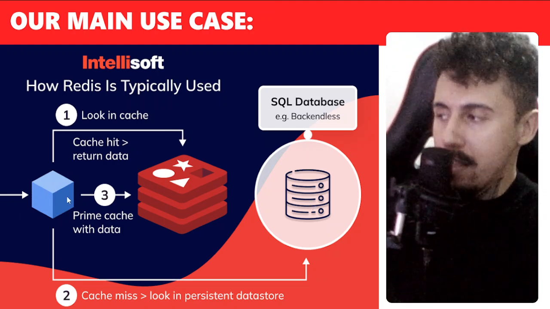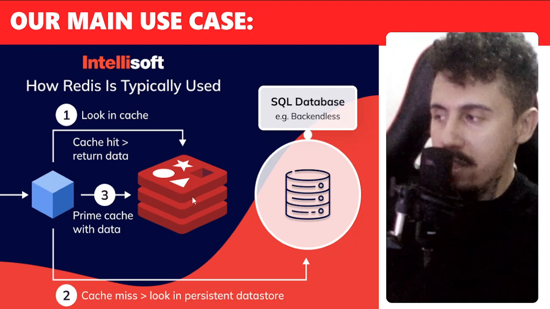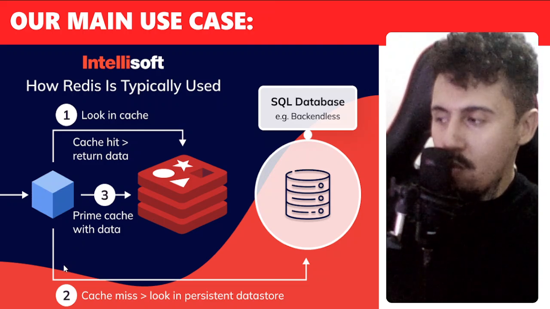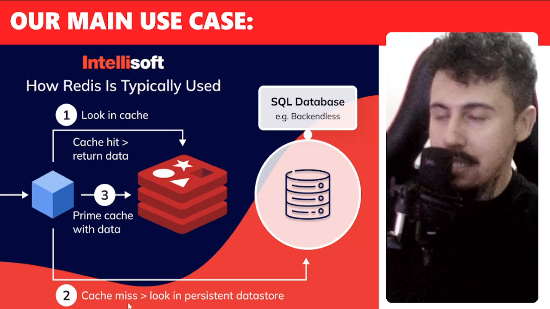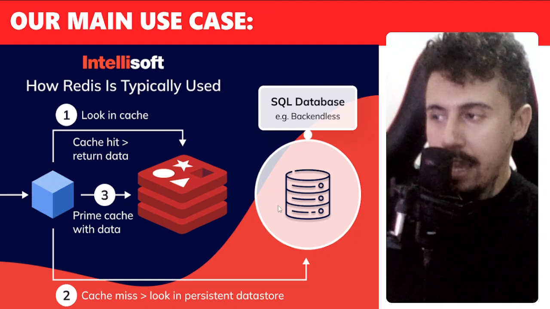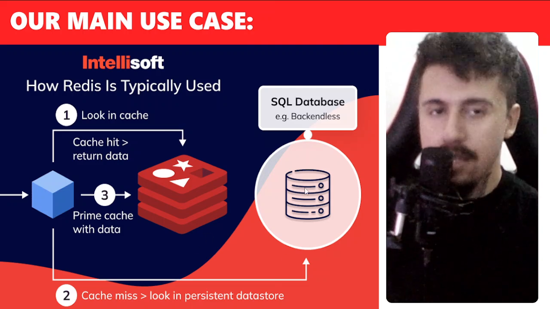You have a third flow here, which is prime cache with data. In this case, when you have a cache miss and you look up the data, instead of just returning it, you populate the cache with this data.